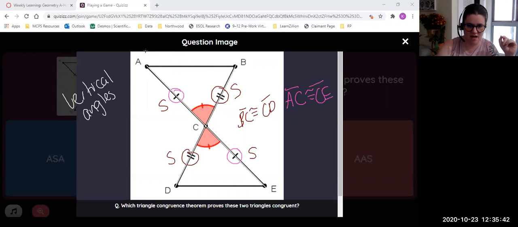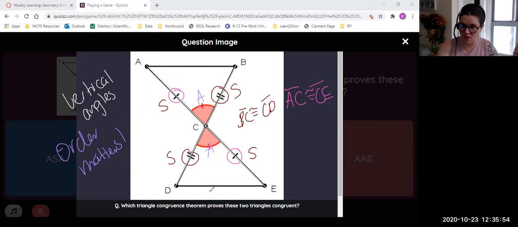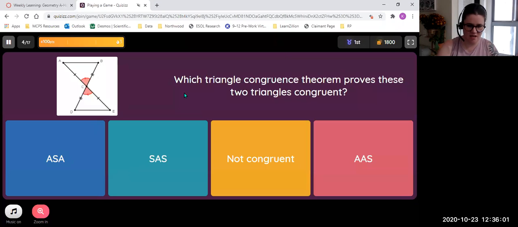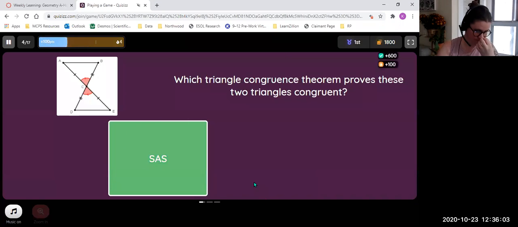So that means that I have a side, I have an angle, and I have a side in that order. Order matters. All right. So this is side angle side.